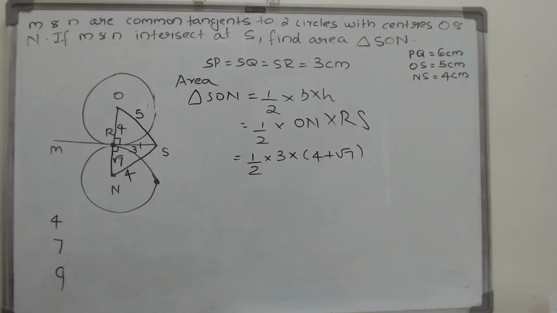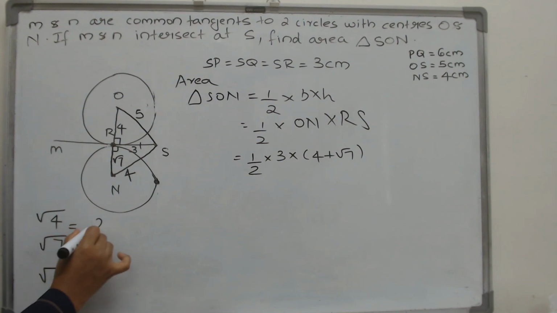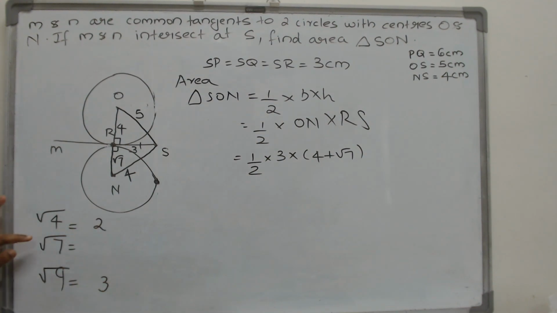So what you do is find the two perfect squares between which 7 lies. Then the square root of 7 will lie between the square root of 4 and the square root of 9, which is 2 and 3. So the square root of 7 will lie between 2 and 3, which means it will be 2 point something. It is not going to be above 3 because square root of 9 is going to be 3.